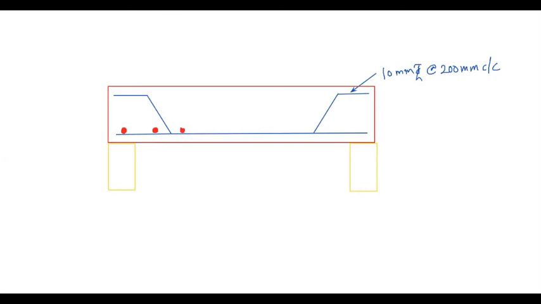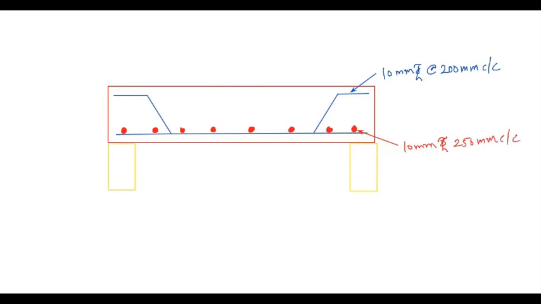This is your steel in the shorter direction, that is x direction. Now this is the steel in y direction, and it is again 10 mm bars about 250 mm center to center.